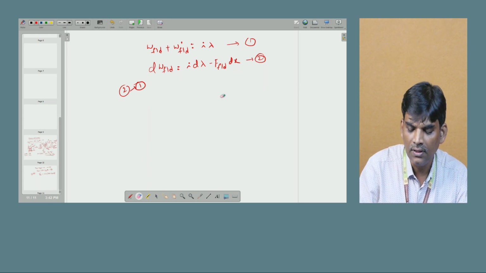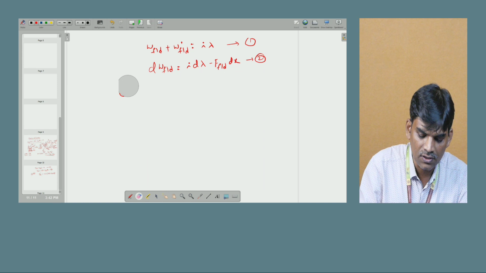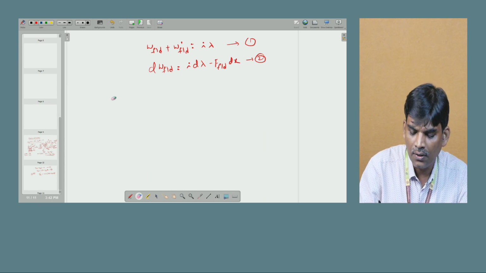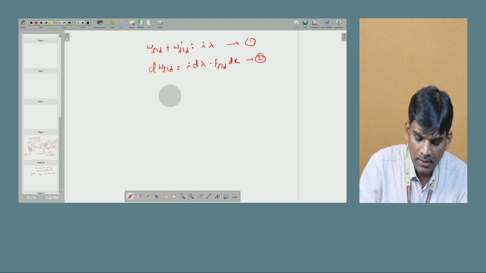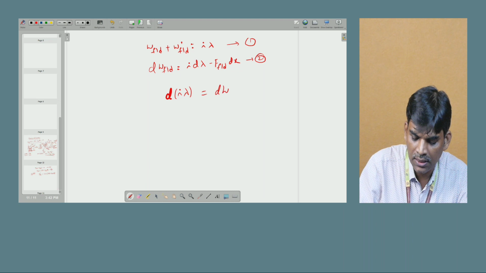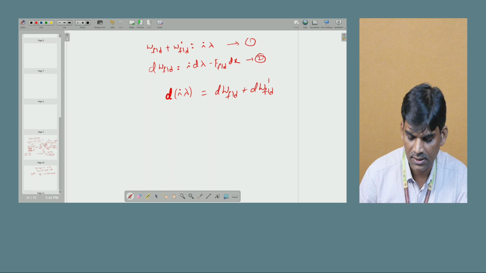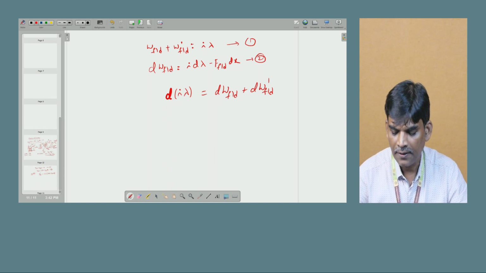Now first of all, for equation 1, on both sides apply the differentiation. Now d(I lambda) is equal to dW_fld plus dW_fld dash.